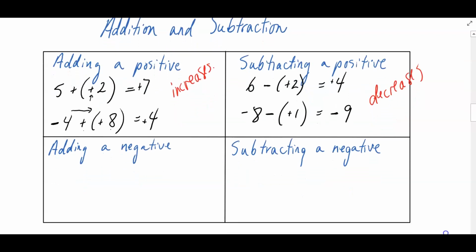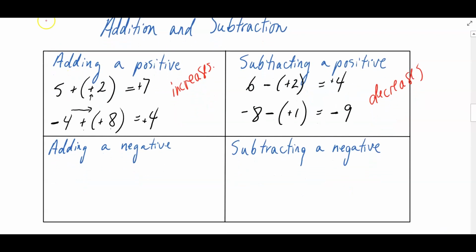Now we're going to switch things around and look at adding a negative. If I say 5 plus negative 2, well, when I added a positive, the number increased. So when I add a negative, the number will decrease. It will decrease by 2. So this goes down to 3.